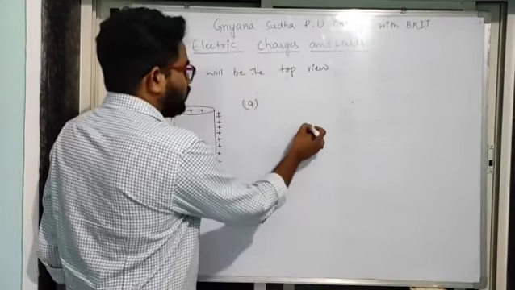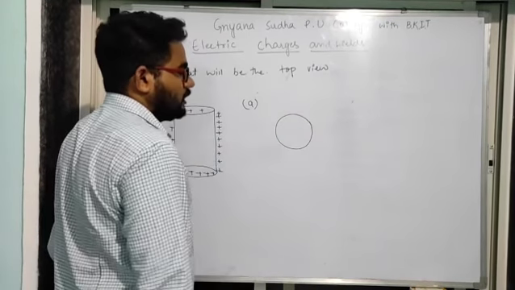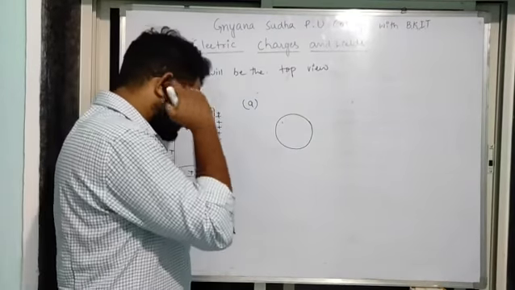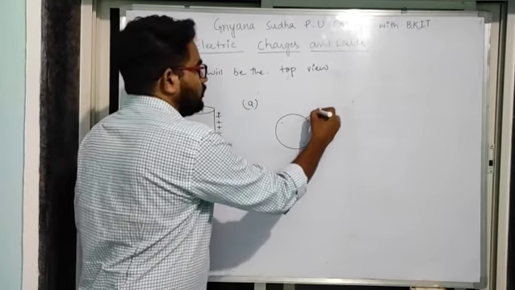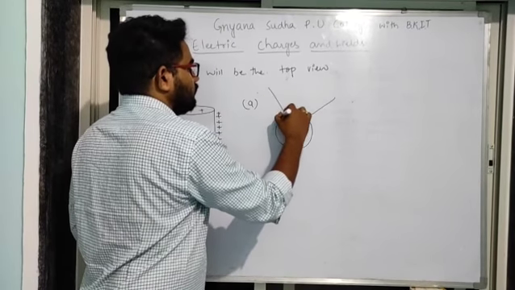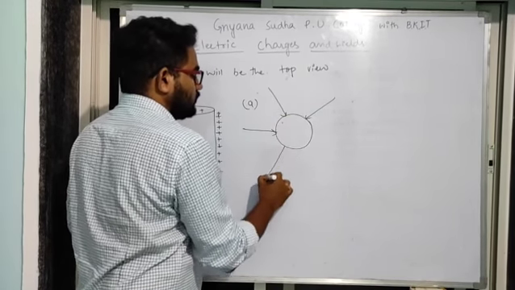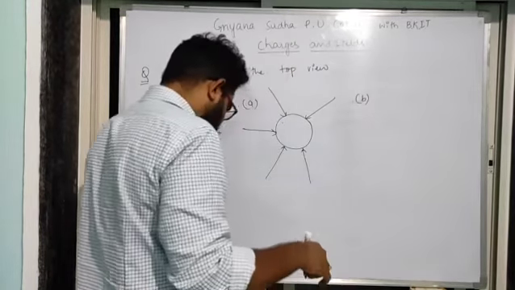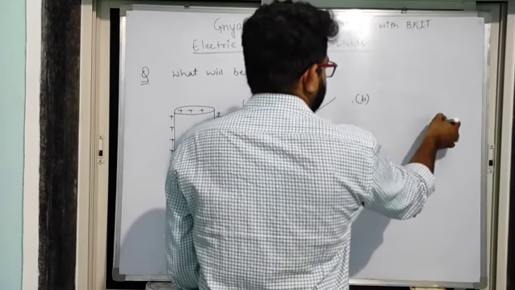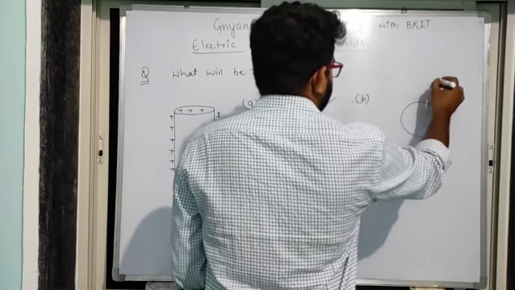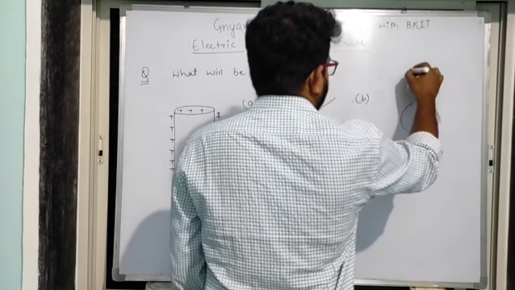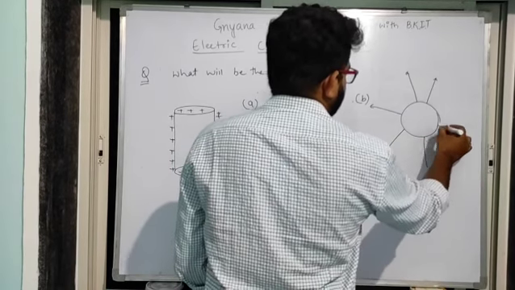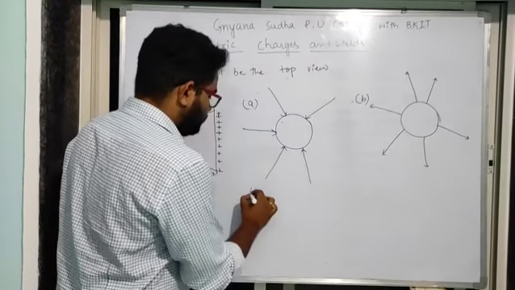Now, the options are: from the top we can see this is a circle, right? These are all positive charge. On the surface also positive charge. Okay. Now the figure, the first option will be like this. This is the first option. Second option. Third option.